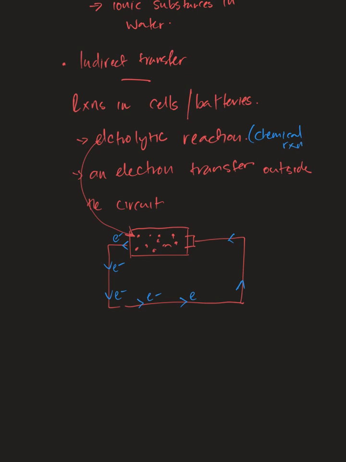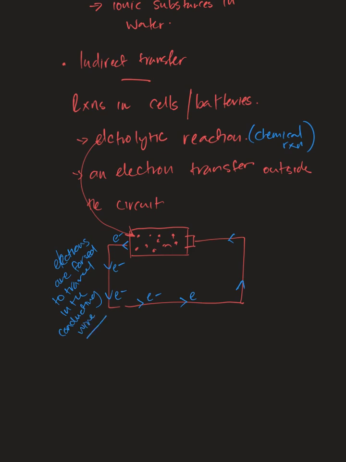So inside here, I've got a chemical reaction, right? And in this chemical reaction, we're forcing the electrons. So the electrons are forced to travel in the conducting wire, right?